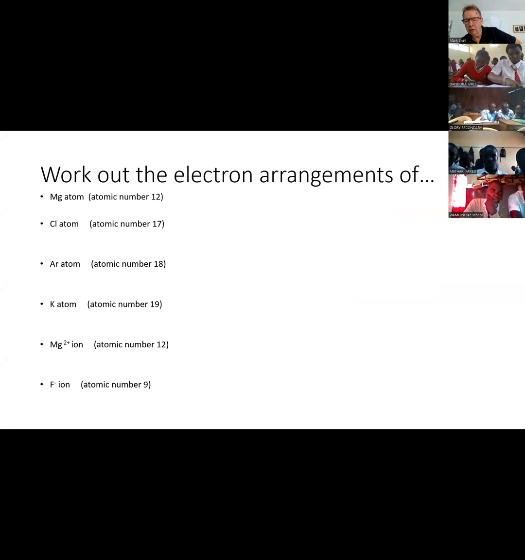Write them down, and I'll give you all the answers in just a minute. Just have 2 minutes to write these down. The atomic numbers are there. That tells you the number of protons, which is the same as the number of electrons. Just have a go. I'm sure you can do it. I just want to wake your brains up.